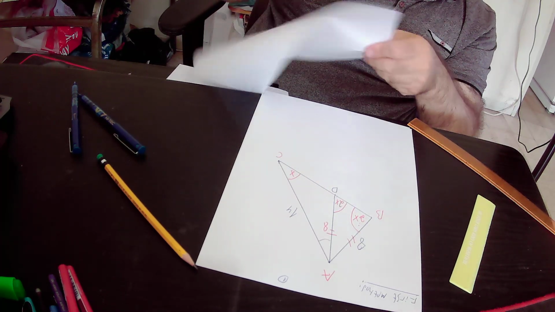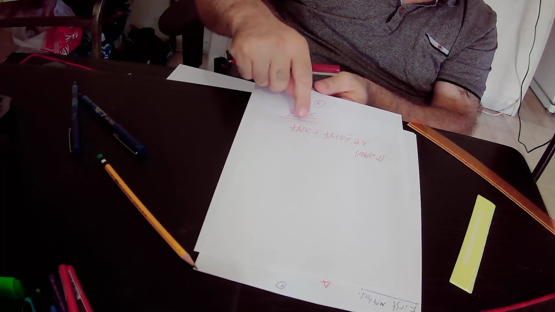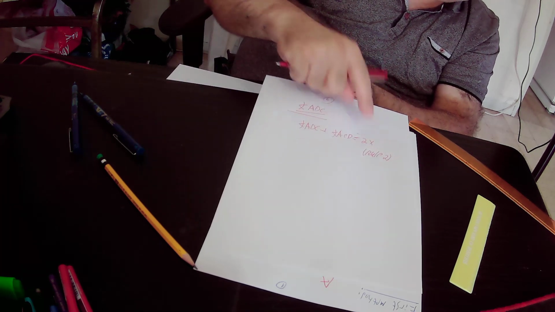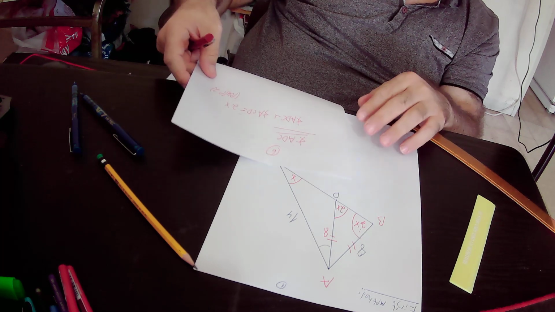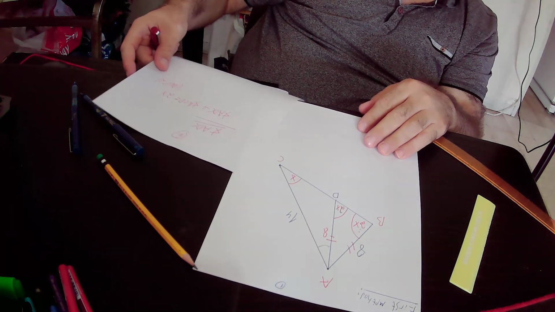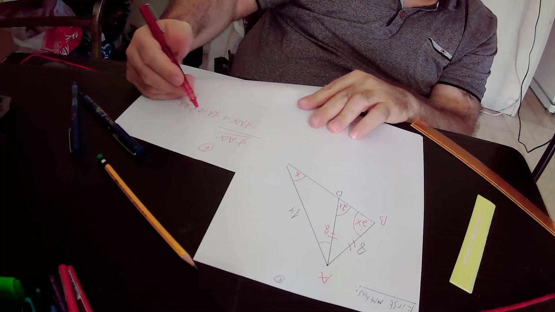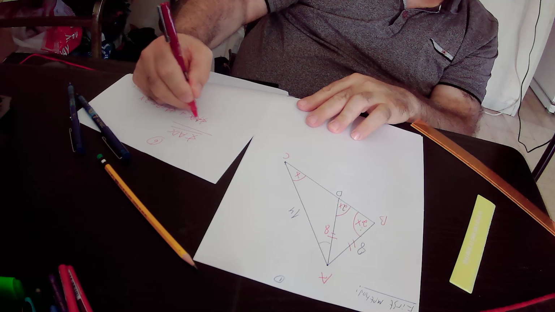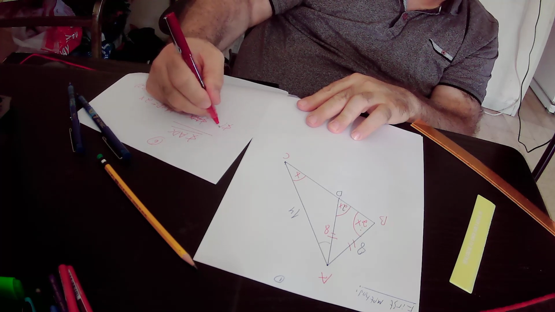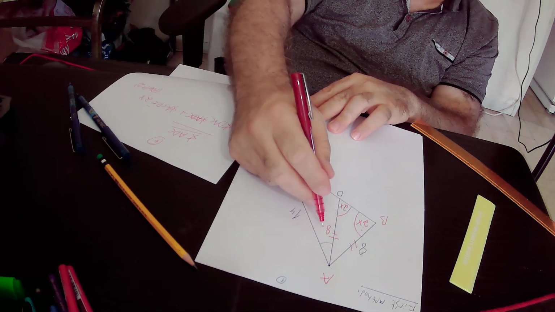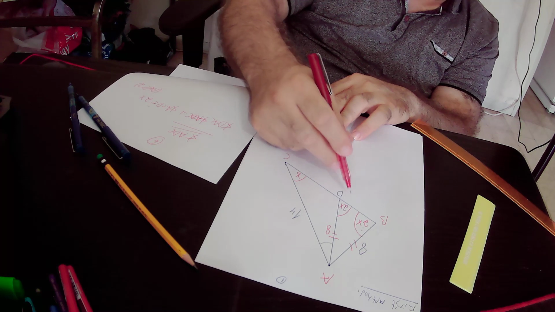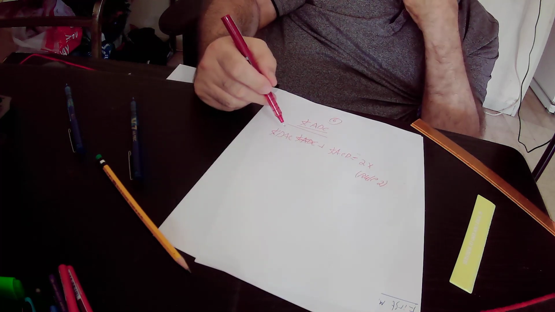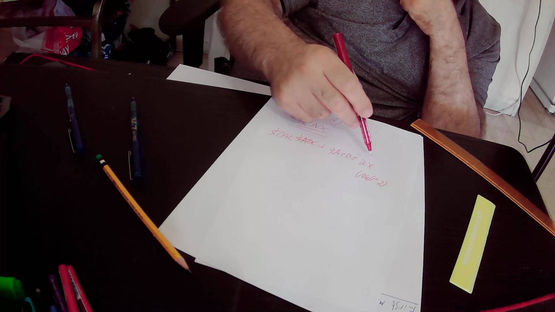Okay? Again, the sum of those two angles, angle DAC plus angle ACD, equals to the exterior angle 2x.